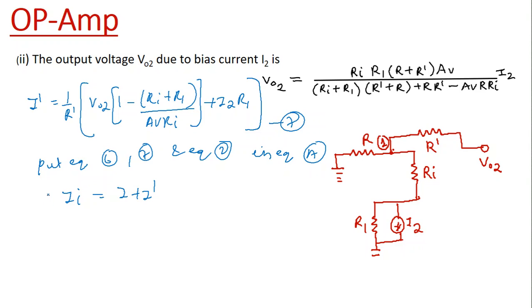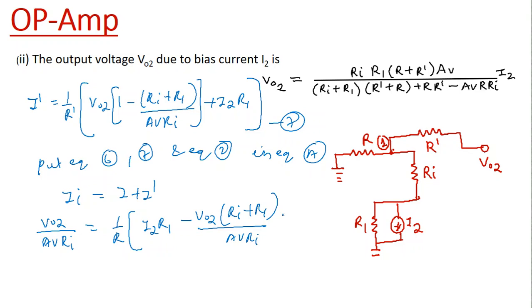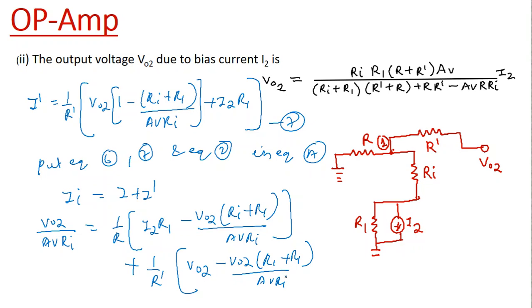So here II was VO2 upon AVRI is equal to I was 1 upon R whole multiplied by (I2R1 minus VO2 (Ri plus R1) divided by AVRI) plus 1 upon R dash whole multiplied by (VO2 minus VO2 into (Ri plus R1) divided by AVRI plus I2R1).